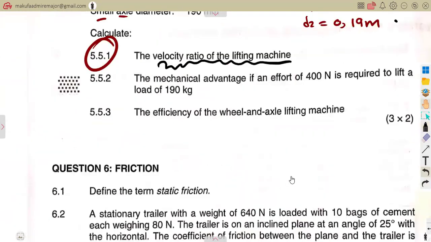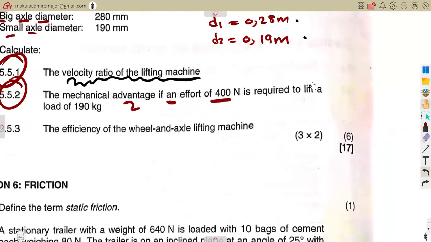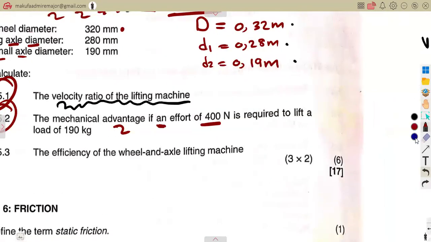All right, let's consider the other part, 5.52. The mechanical advantage if the effort is given. So let us just take our information. We have an effort of 400 Newton to lift a load of 190 kilograms. So we have the load.